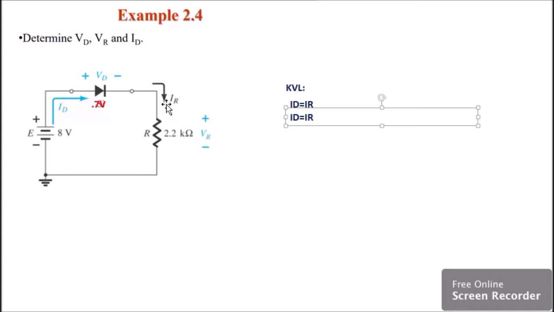VR is equal to V is equal to IR. So we have negative E plus 0.7 volts plus VR is equal to 0.